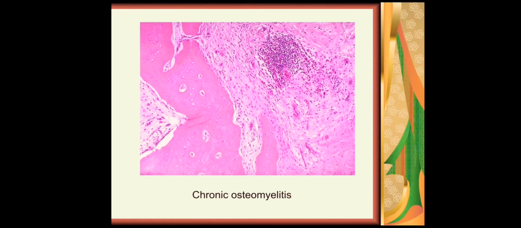There might be acute flare-ups in the course of chronic infections as well, and they can occur spontaneously or after years of dormancy. The only difference between acute and chronic osteomyelitis is the inflammatory component.